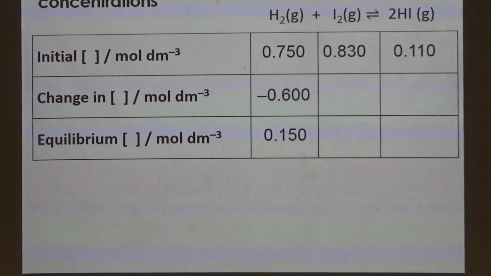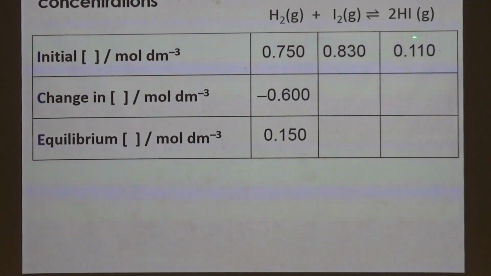We know that the equilibrium concentration of H2 is 0.150. So from 0.750 to get to 0.150, what must be the change? The change will be minus 0.600. That is where we need to be clear about what is happening.